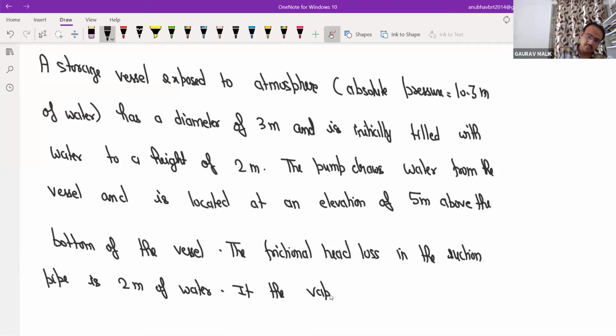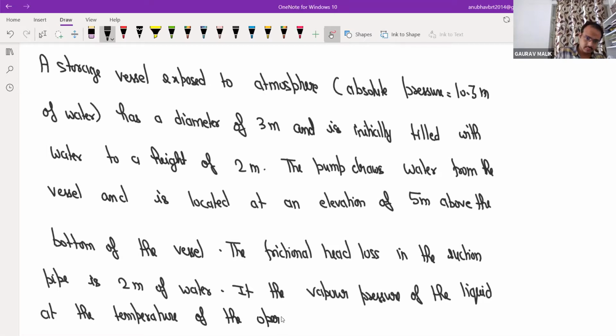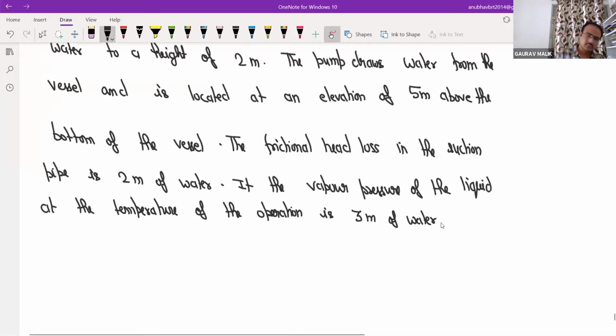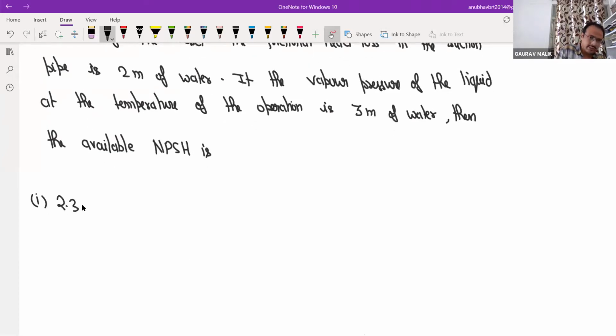If the vapor pressure of the liquid at the temperature of operation is 3 meters of water, then the available NPSH is, we have options: 2.3 meter, 5.3 meter, 6.3 meter.